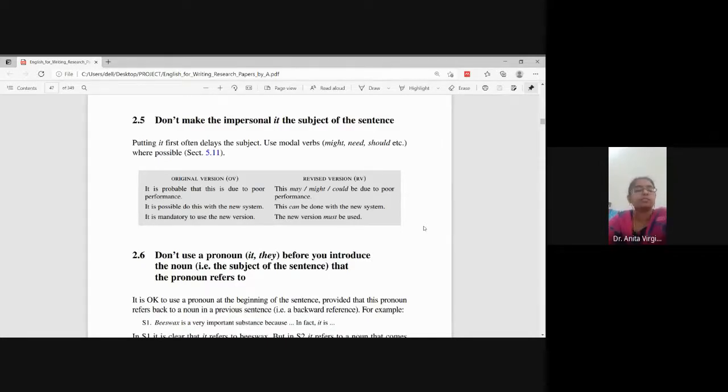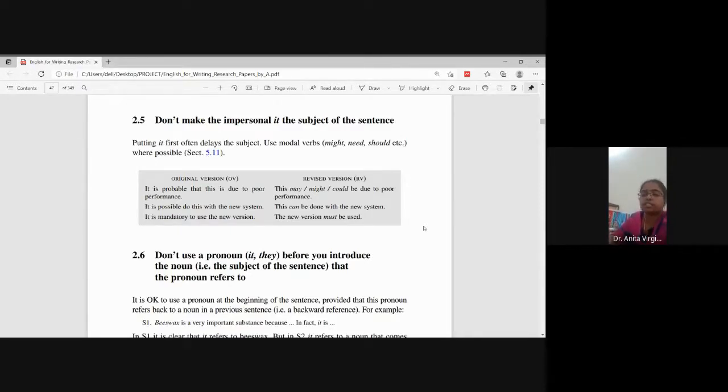This looks standardized, isn't it? Instead of "it is probable", it is good that you use "this may be due to poor performance." This sentence is straight. So this is how you can change it.